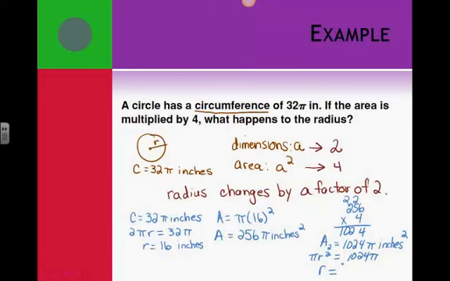And we would end up with r is equal to 32 inches. So it just confirms that the radius was doubled. It went from 16 to 32 when the area went from 256 pi to 1024 pi. So that's just a confirmation. Can you do it the shortcut way like I did it above? Absolutely.